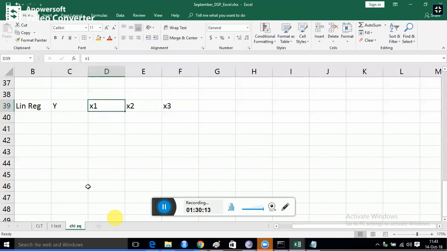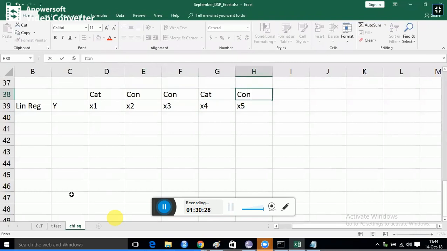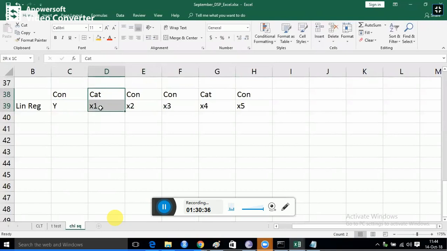Now, if you want to see if x1, x2, x3, x4, x5 are directly dependent on y or not, and let's say x1 is categorical, x2 is continuous, x3 is continuous, x4 is categorical, and x5 is continuous. y is also continuous for a linear regression. If I have to prove that y and x1, which is categorical, are directly dependent on each other, what kind of test do you think I can do?